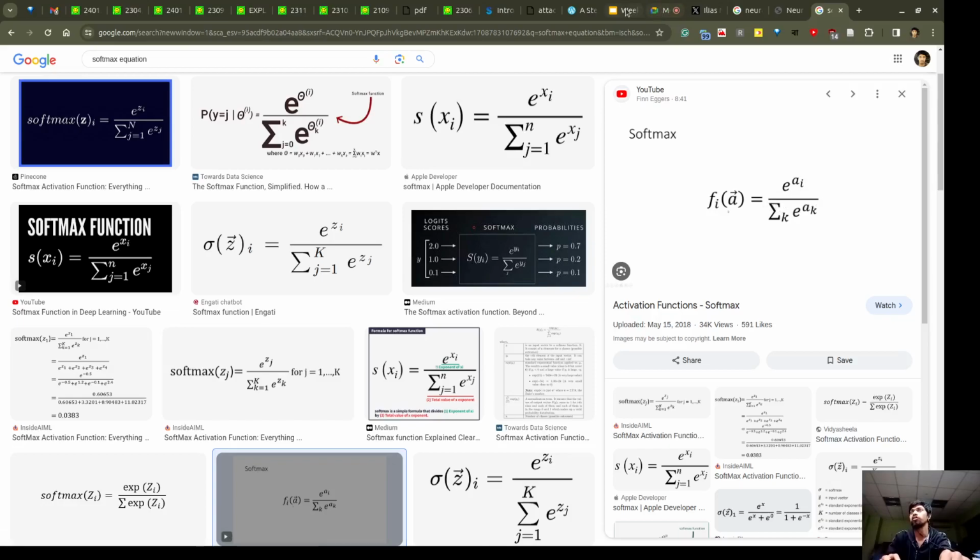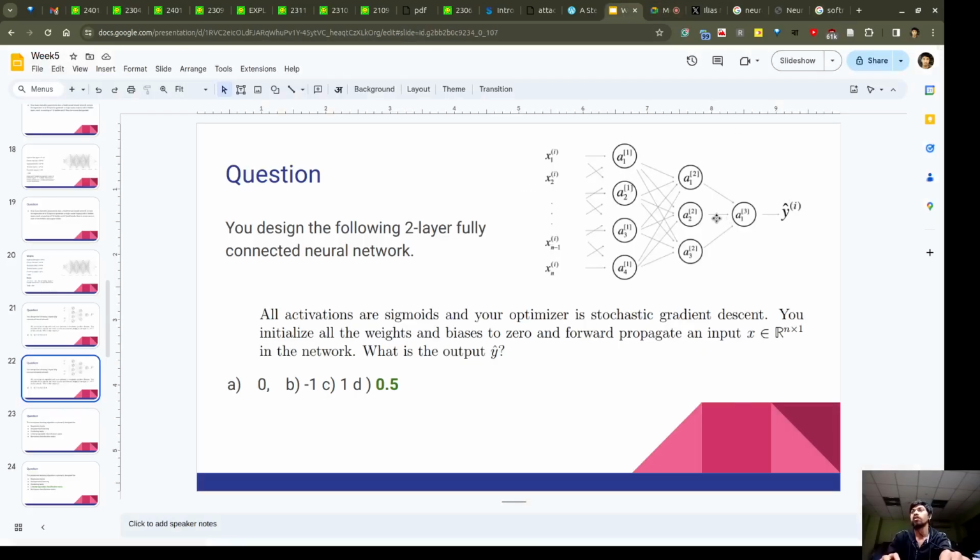Suppose we consider this as the last layer. So the softmax of this is e to the power this divided by e to the power this plus e to the power this plus e to the power this. So in softmax we try to normalize the values between 0 and 1.